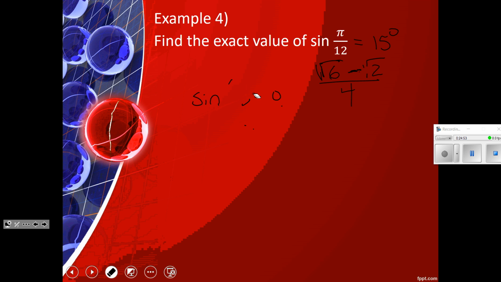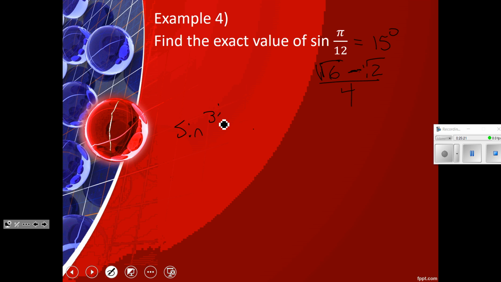But when you put it in your calculator and check the two, like if you put in the square root of 6 minus the square root of 2, in parentheses, and then divide it by 4, it should equal what we get when we put in today's formula. So today's formula is the sine of, now, if 15 is my half, what angle am I actually using in the formula? 30.